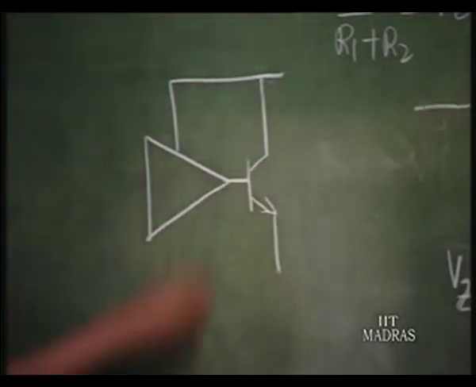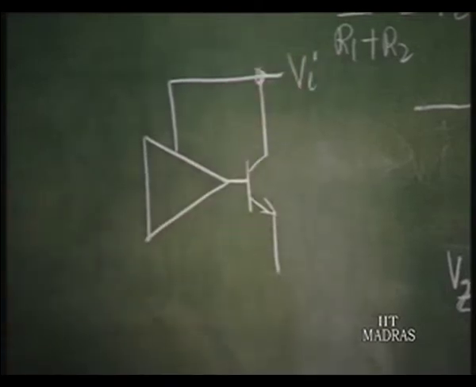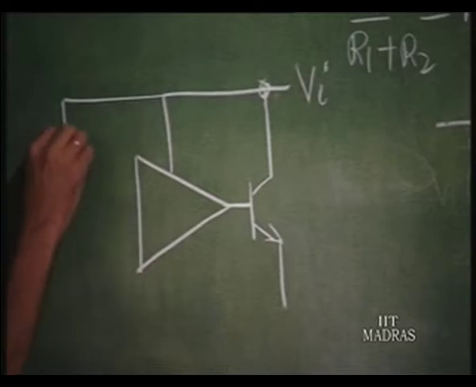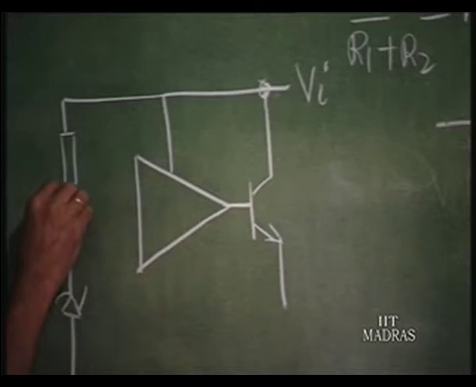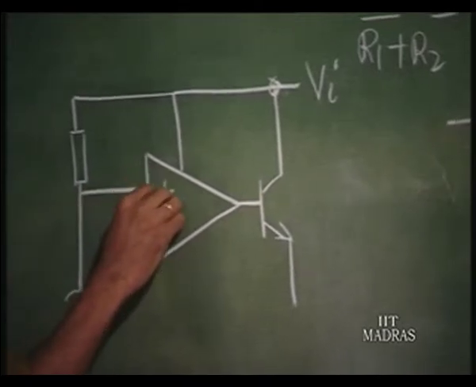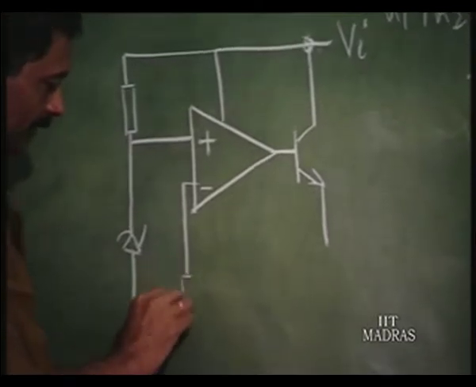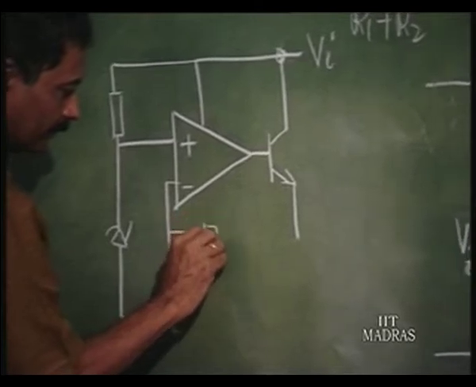Okay, collector is connected together. Only thing is here we are giving Vi and then deriving from Vi the input which is given to the plus terminal, and output of this is getting feedback from this output of the op amp.